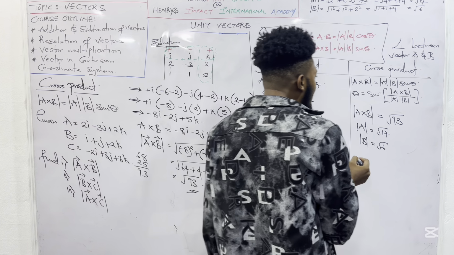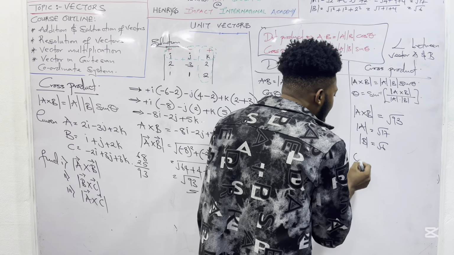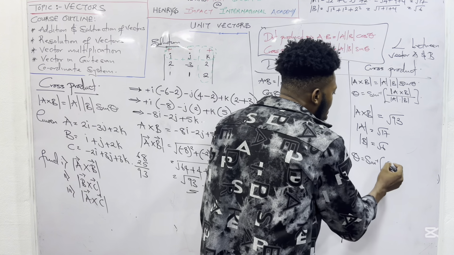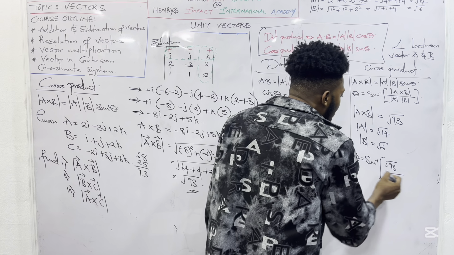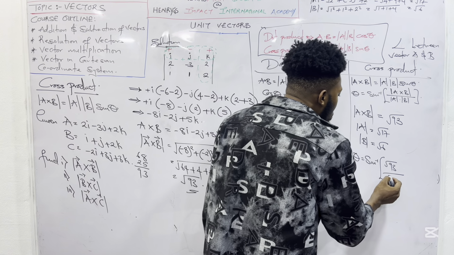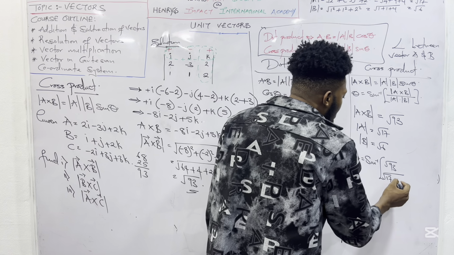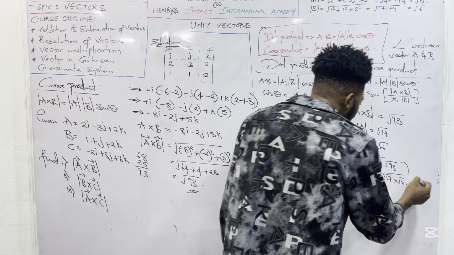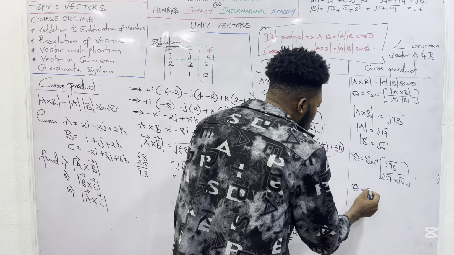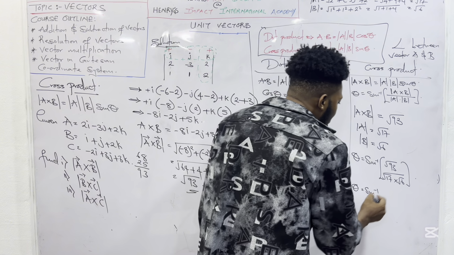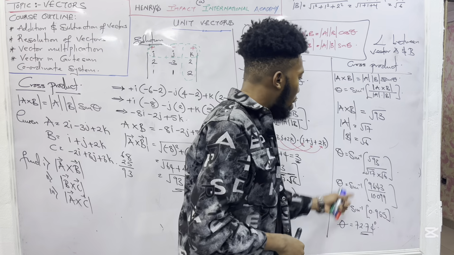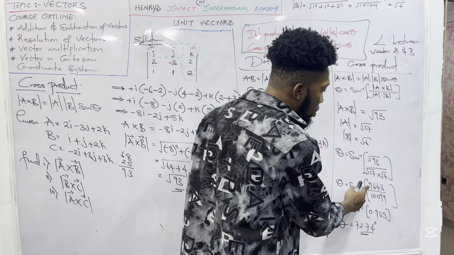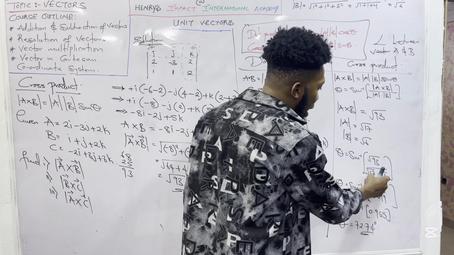So now we can easily say that theta should be equal to sine inverse of square root of 93 divided by root 17 multiplied by root 6. When you punch all this into the calculator, square root of 93 gives you 9.643, and then you have the denominator.